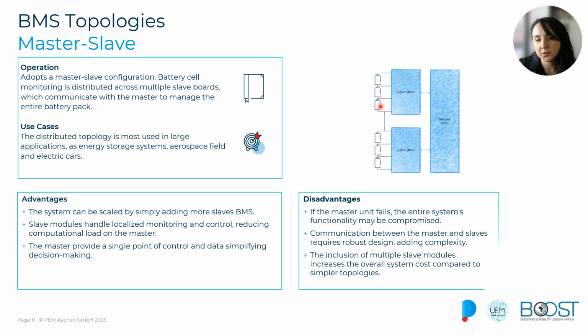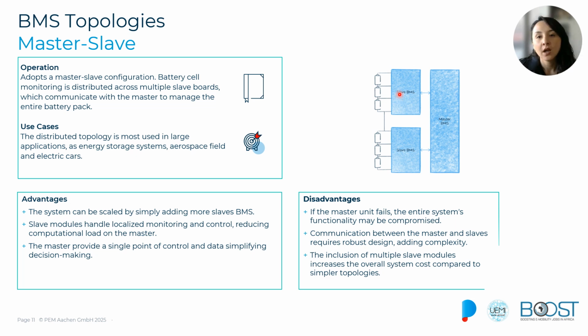Also, the distributed monitoring is very interesting. Each slave unit manages a small section of the battery pack. This reduces the computational load, and the processes taking place are split, which ensures localized control.